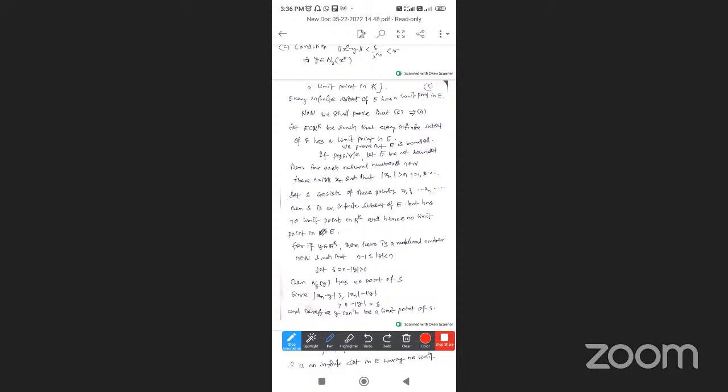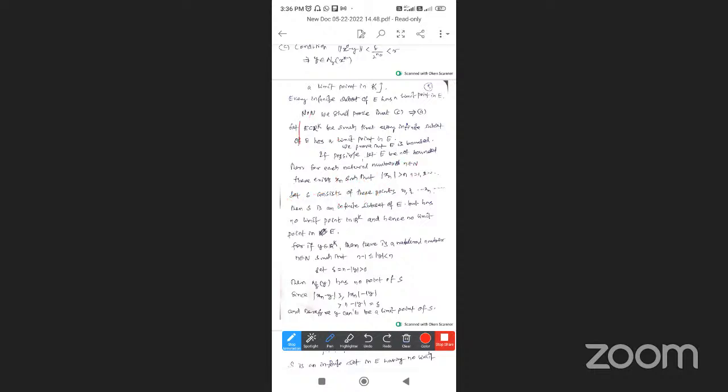For if y belongs to R^k, then there is a natural number n such that n minus 1 is less than or equal to mod y, which is less than n. Let delta equal n minus mod y, which is greater than 0.